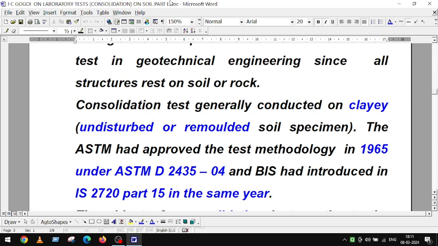Of course, little language changes or wording changes are included, but there are no major changes till now.